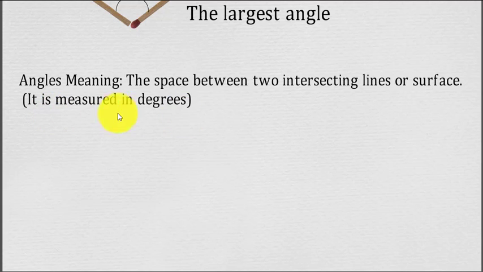It is measured in degrees. We say 45 degrees, 90 degrees, 180 degrees, like that. The space between two intersecting lines, remember that.